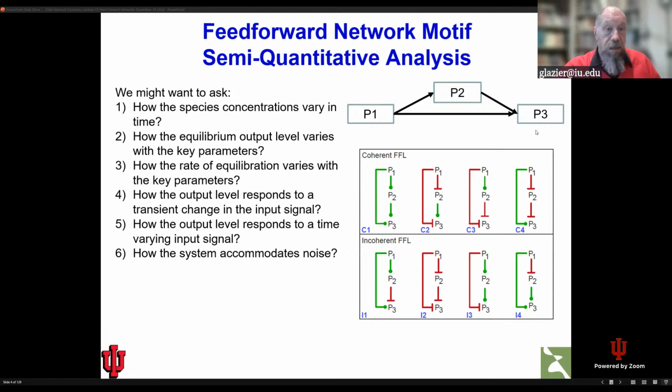And extending that, if I had a time varying input signal, what happens to the output? And also, especially for the coherent ones, is the sensitivity to noise the same when you have the direct and the indirect channels working together? So could this, for example, act to filter out noise when there's a high level of noise?